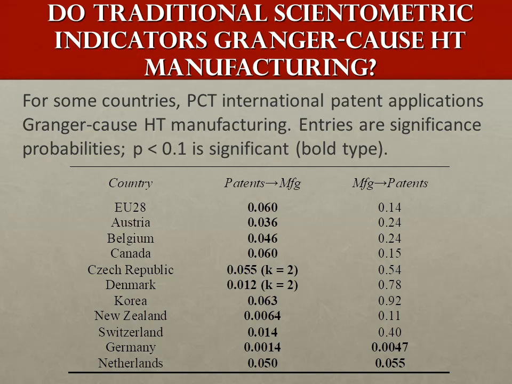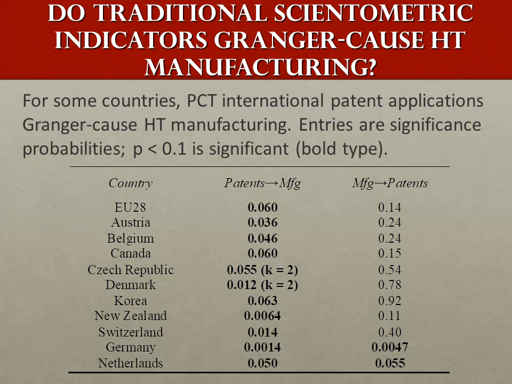So this is not just a sample. This is the whole set of significant countries. As you can see on the bottom two rows, Germany and the Netherlands have bidirectional Granger causality.